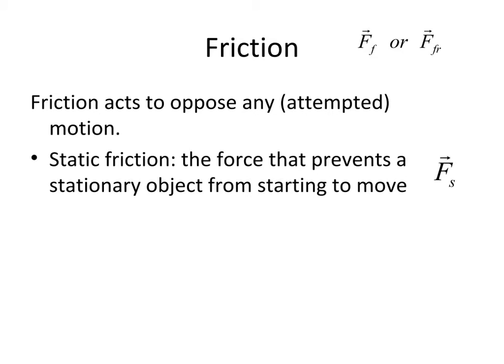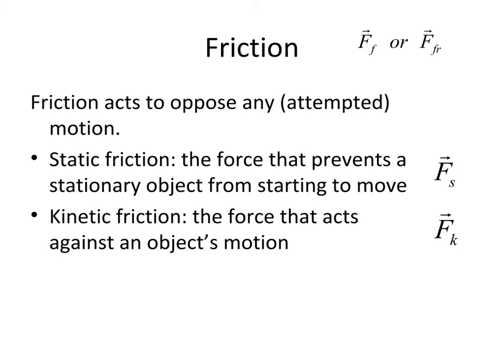So before it starts to move, the force of static friction opposes its motion, so F sub s. Kinetic friction, on the other hand, is the force of friction that opposes an object while it is moving. Both of these types of friction are associated with sliding motion.